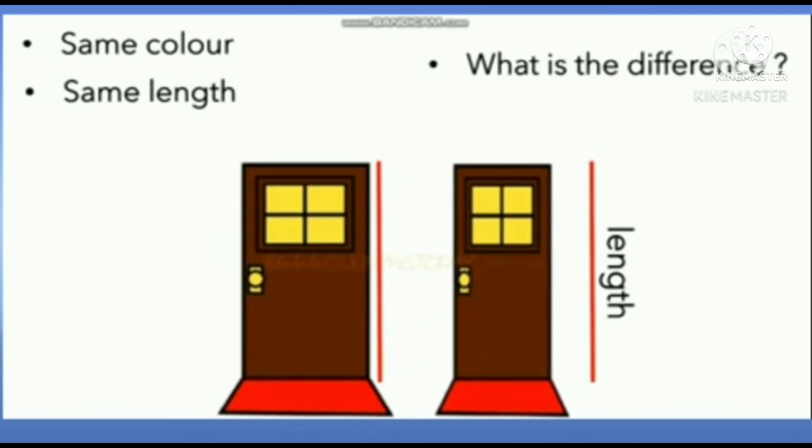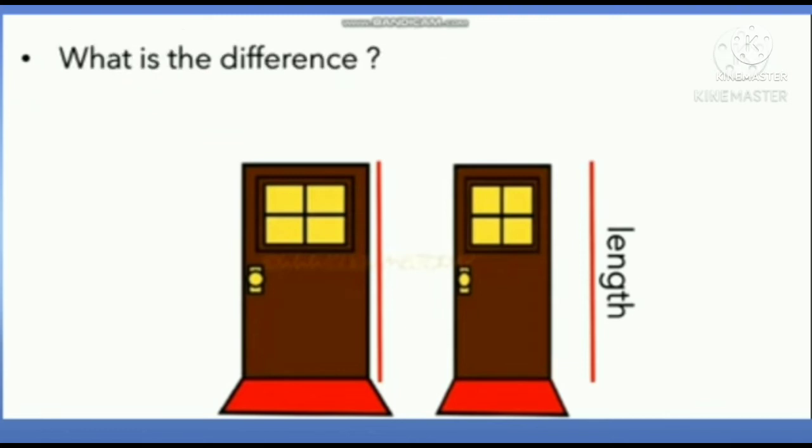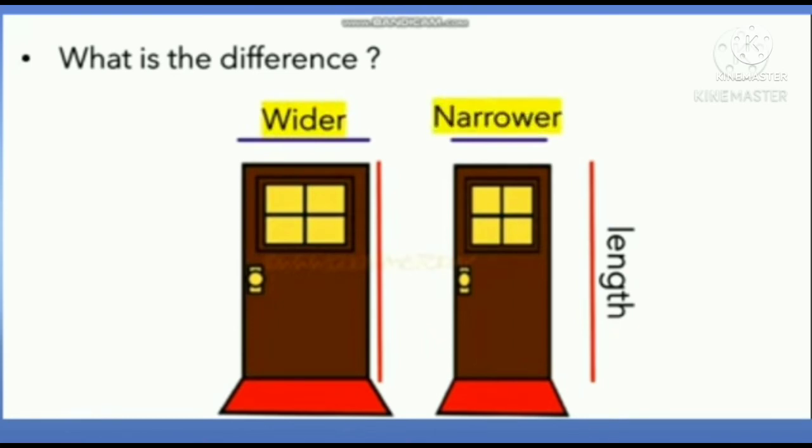So my question is, what is the difference in both pictures? Yes, the difference in both pictures is the width. They have the same color and the same length, but the difference is width. The first door is wider. And the second is narrow.